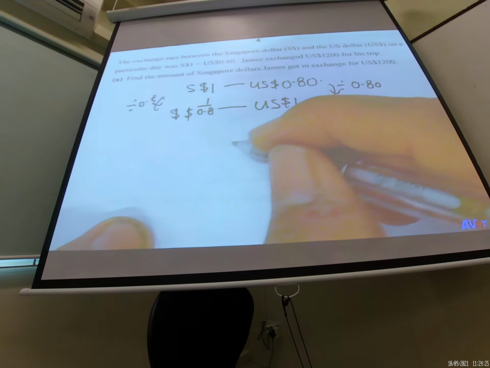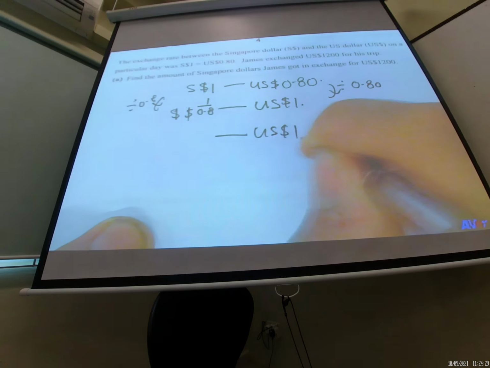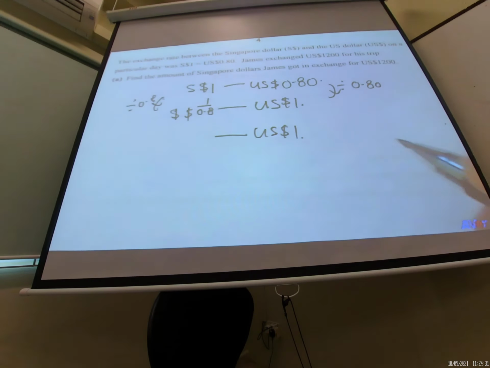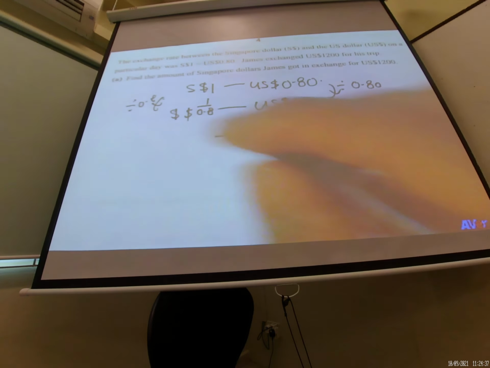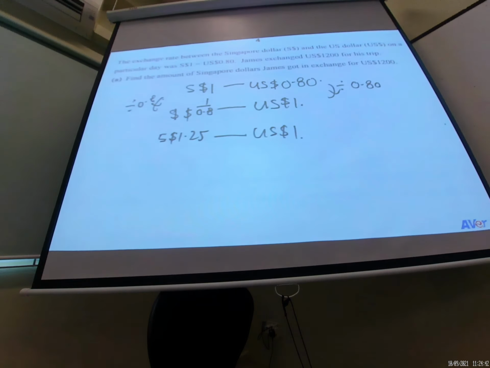Okay? So 1 US dollar can change 1 over 0.8 Sing dollar. You can press the calculator to see what this value is, or we can leave it as a fraction. If we press the calculator, 1 divided by 0.8 will equal 1.25. Okay?